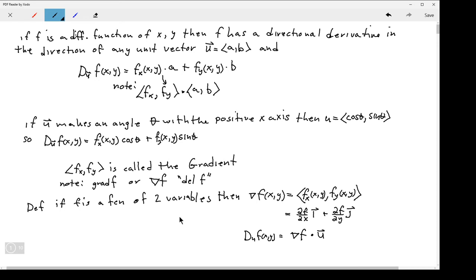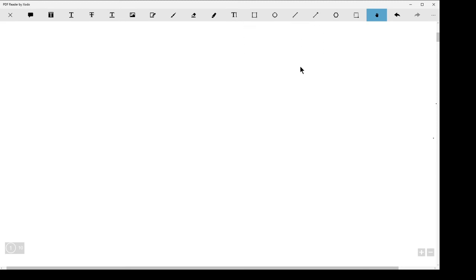Now we can use the gradient to find those rates of change, the way everyone wants to think of the derivative. The directional derivative gives us the rate of change of our surface at a particular point in all possible directions.